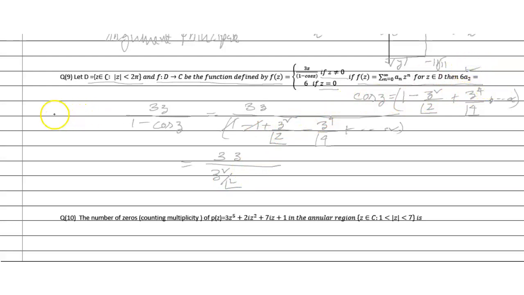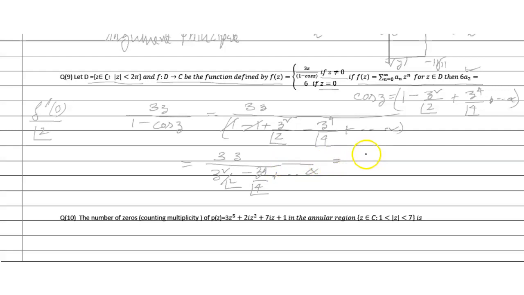I have to find out f double dash 0 divided by 2 factorial. This coefficient I have to find out. So it can be written this way, friends.